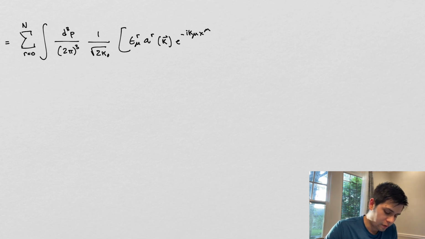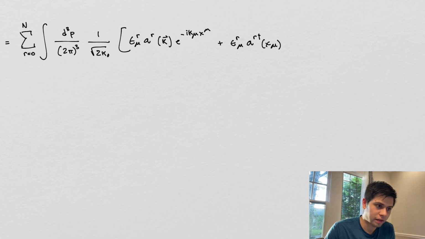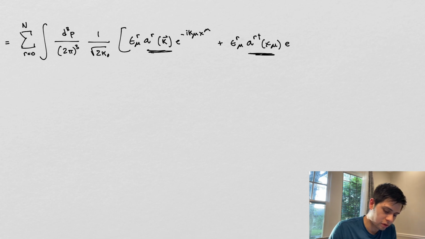And then again, we just have polarization vectors. And then these numbers, if these are complex numbers, right? These are complex numbers. So the complex numbers are weights on waves going in the opposite direction.